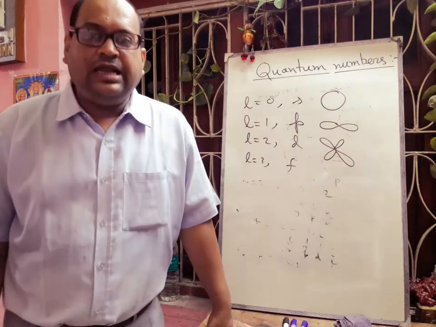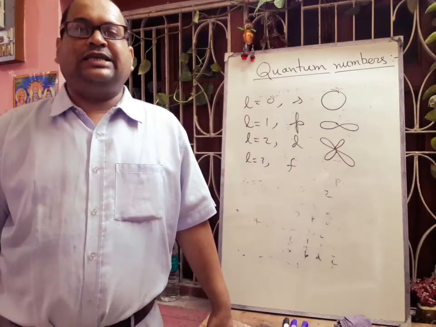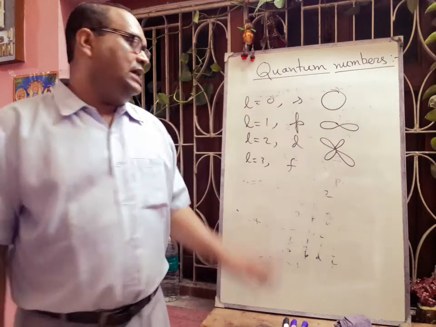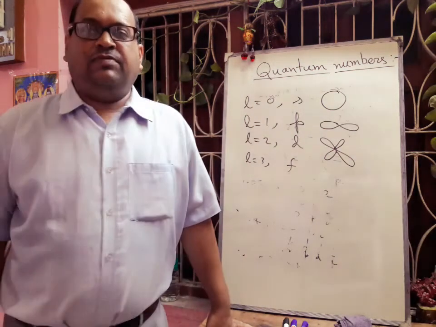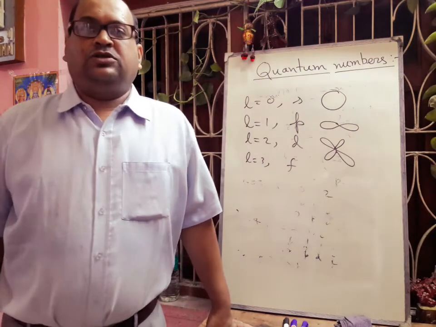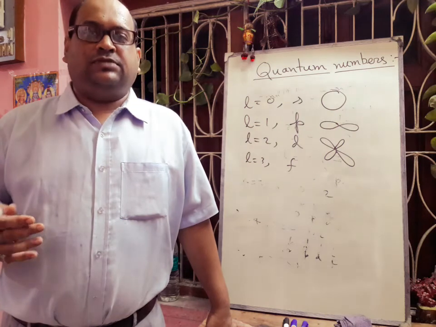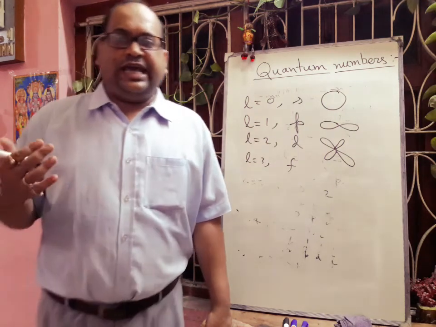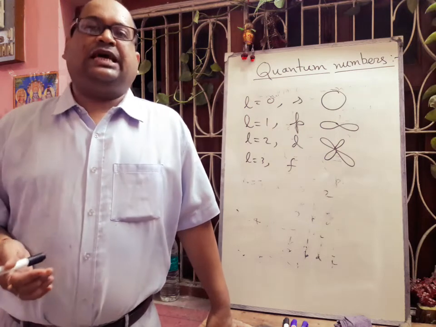Different values of L represent different subshells which are designated by small letters s, p, d, f. Now we know that when L is equal to 0, it is s. Now where does this s come from? The letters s, p, d, f find their origin in the atomic spectrum of the alkali metals.